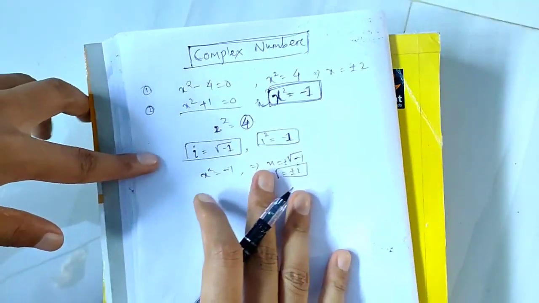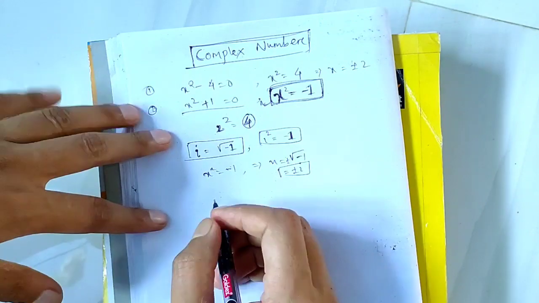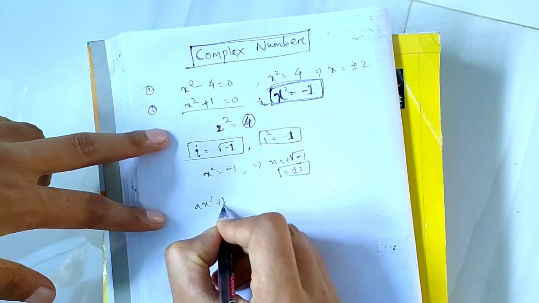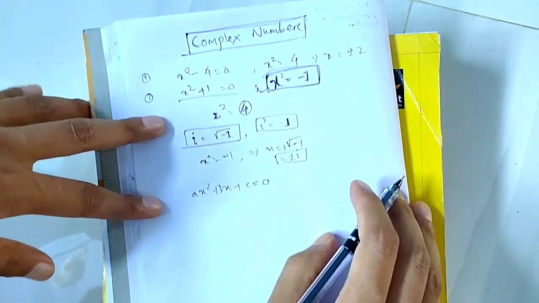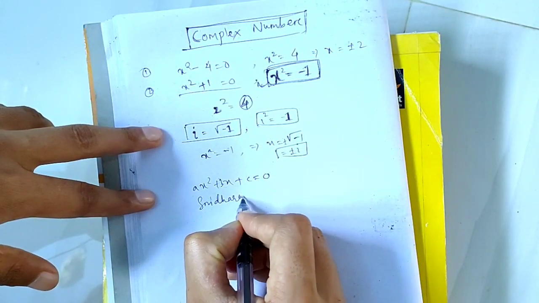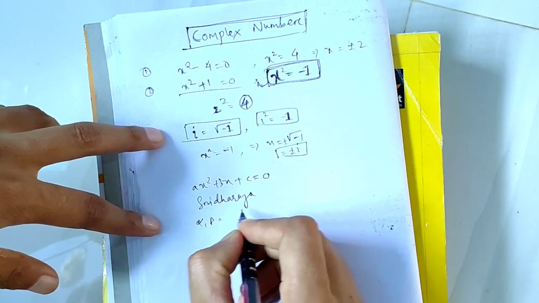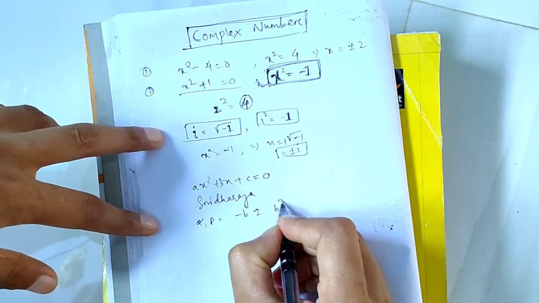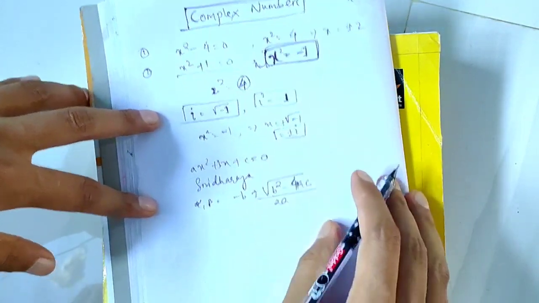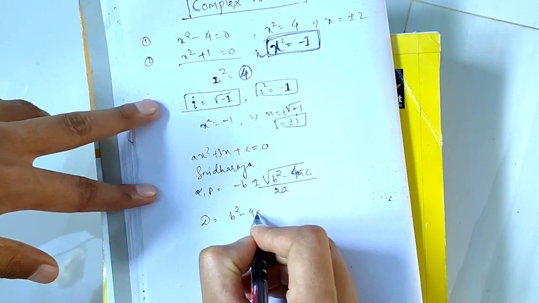Let me remind you of one thing. In your earlier classes, when we studied the quadratic equation ax square plus bx plus c equal to 0, we followed a formula, Sridharacharya, where the roots alpha and beta equal minus b plus or minus root over of b square minus 4ac, by 2a. The discriminant D equal to b square minus 4ac.